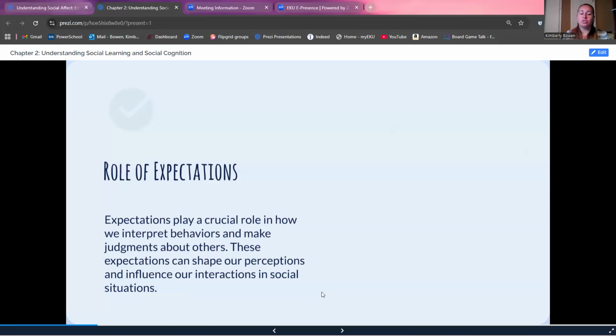And so being able to say, hey, not all of us are 6'2", pencil thin, blonde, white, et cetera, and being able to say, hey, we can push back against this expectation and maybe make a different one. That's how we learn and change and shape society's social learning. Okay. And we'll get more into that as we move forward in modules in the course.